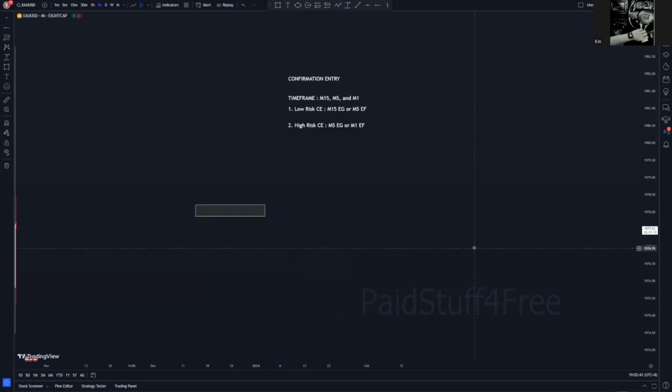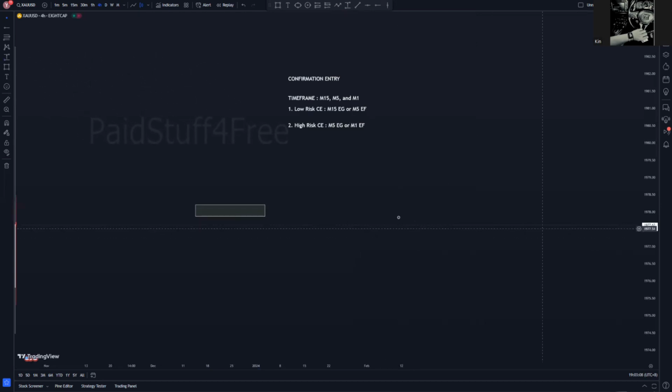Do you recommend taking trades from both high risk and low risk? For starters, those who just learned about this and want to experience the market, you want to experience all the buys and all the sells, so use both low risk and high risk confirmation entry.